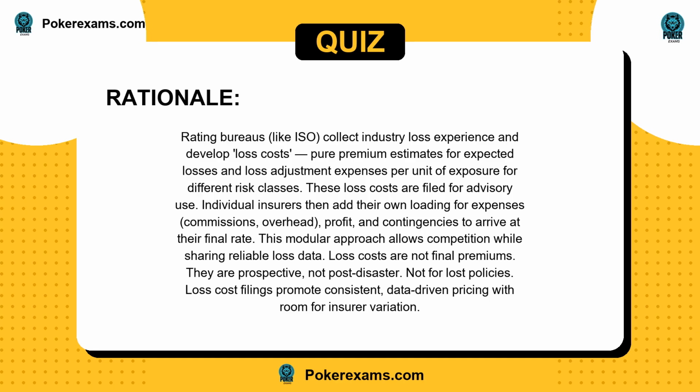This modular approach allows competition while sharing reliable loss data. Loss costs are not final premiums. They are prospective, not post-disaster. Not for lost policies. Loss cost filings promote consistent, data-driven pricing with room for insurer variation.